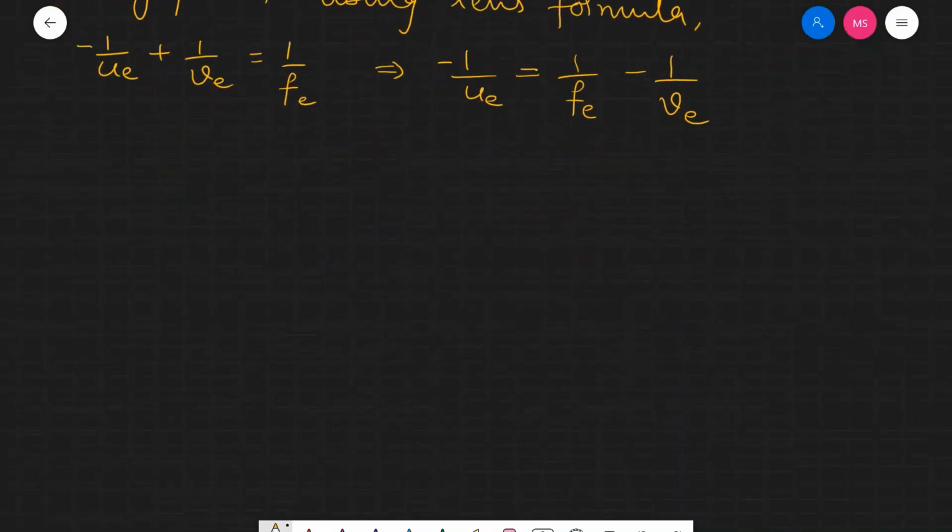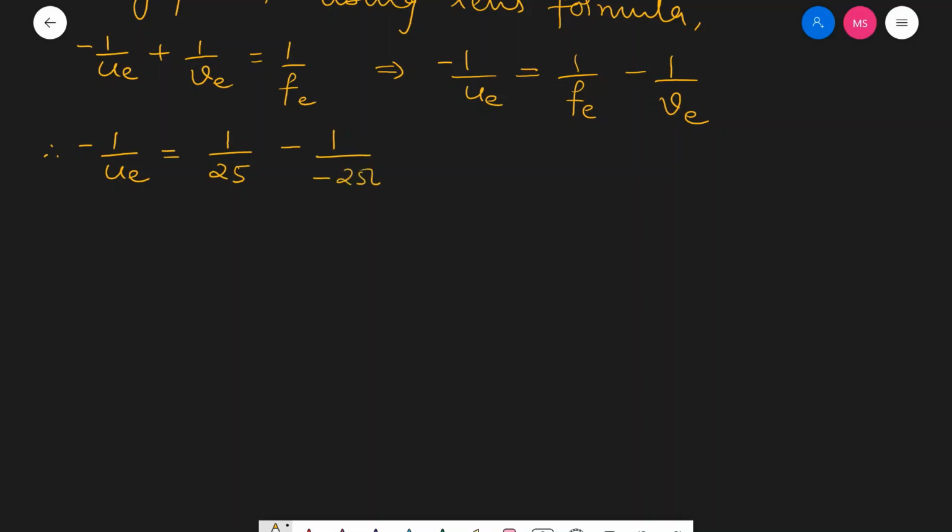So therefore minus 1 by UE will be equal to 1 by, now FE, focal length of eyepiece, is given as 2.5 centimeter, it is 25 mm, minus 1 by near point is 25 centimeters. So you can write this is equal to minus 250 mm. So LCM here will be 250 and 10 minus minus plus 1.